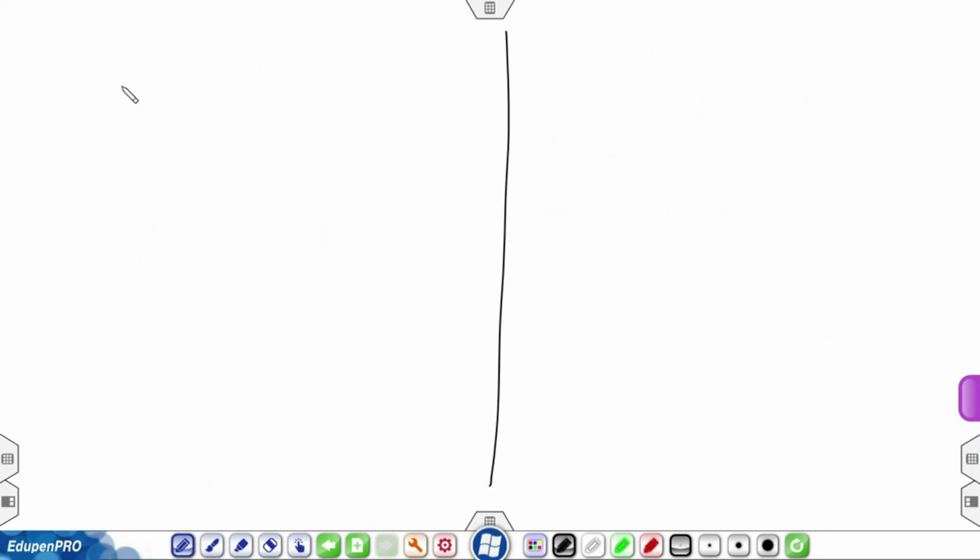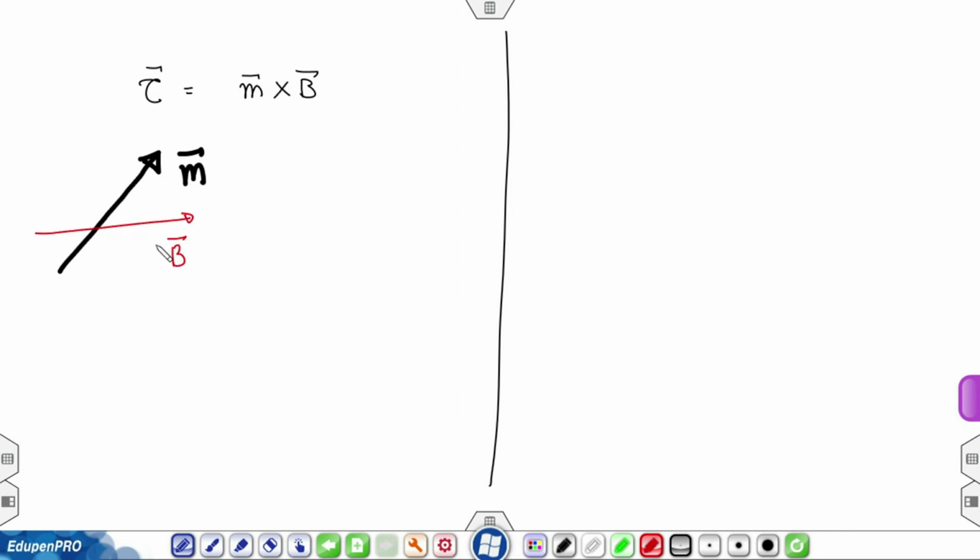So, to find the potential energy, I will do some work on this point dipole. I am making it big. Here is this point dipole in some magnetic field B, and I am going to rotate it.